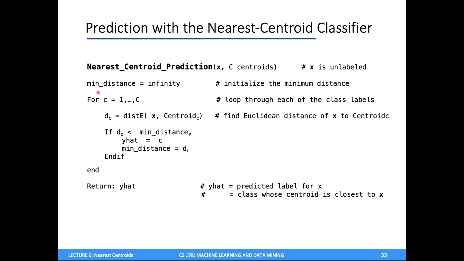We can start out by initializing, say, the minimum distance to infinity, and then loop over all of our class centroids and compute the distance, say the Euclidean distance in this case, between that new data point and the centroid for class C. If this distance is smaller than the minimum distance that we've already found, we set our prediction, i.e. the class label we're predicting for this data point x, to be C. And at the end of this for loop, we just return that minimal distance prediction.